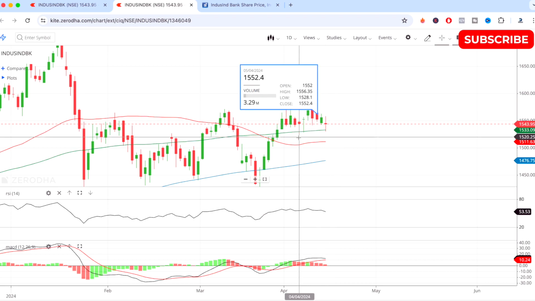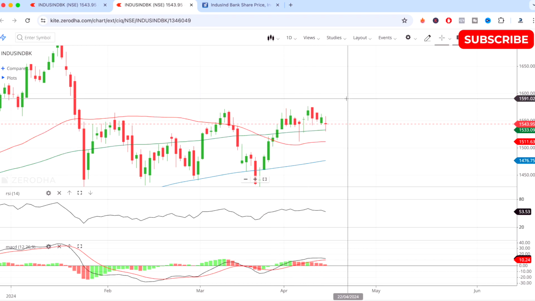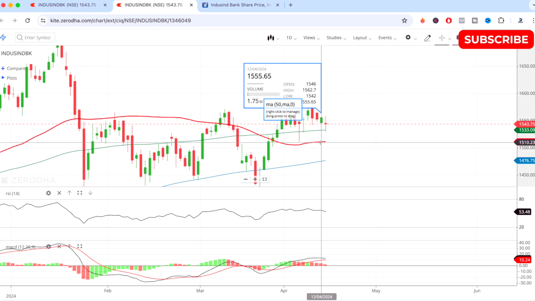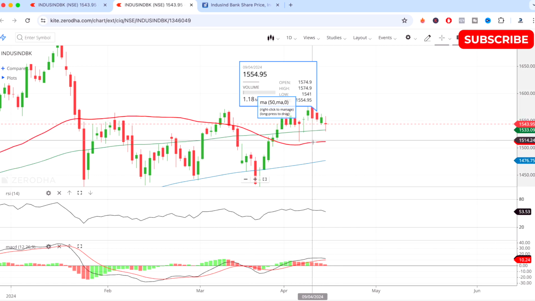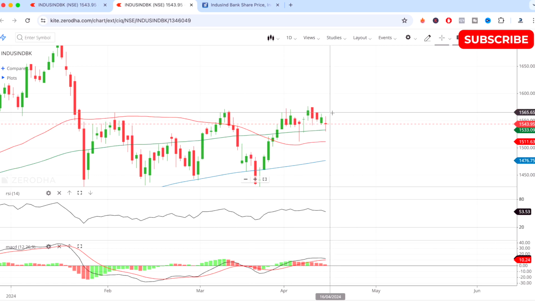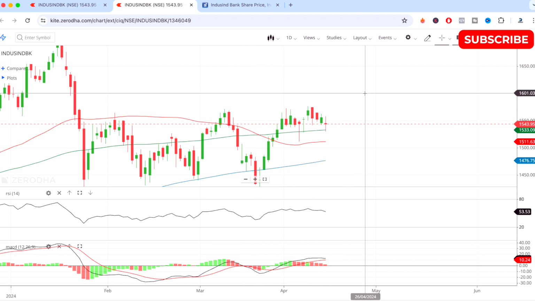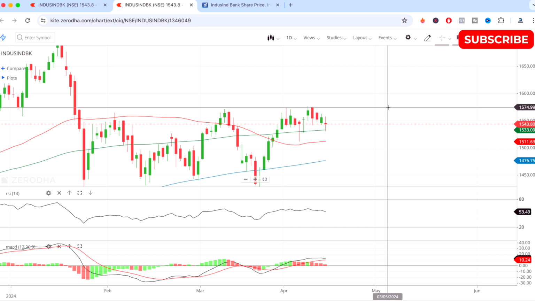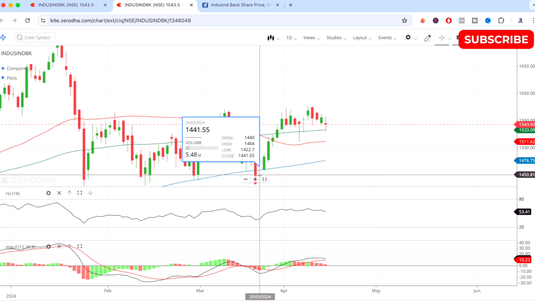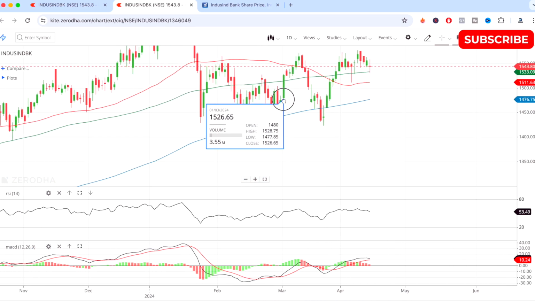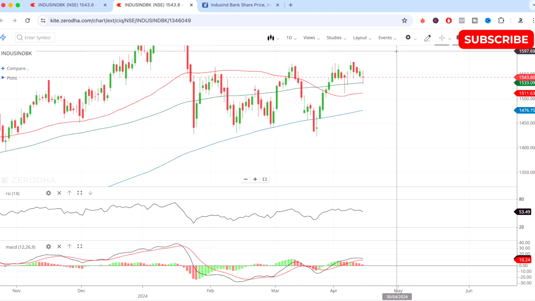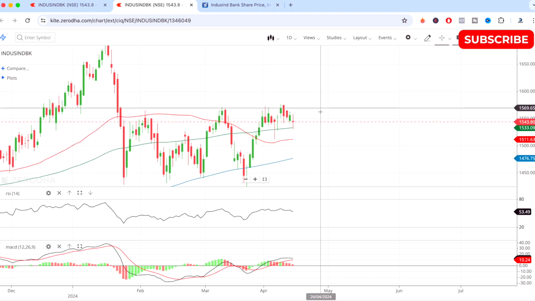Okay, so this should give a crossover is what I'm guessing. The red one should come up. Okay, so the 50 EMA should come up and the green one should hold up, and that's when we can guess that this resistance of 1574 is going to give a breakout. Okay, so once we get that breakout, then we can expect the stock to go up.